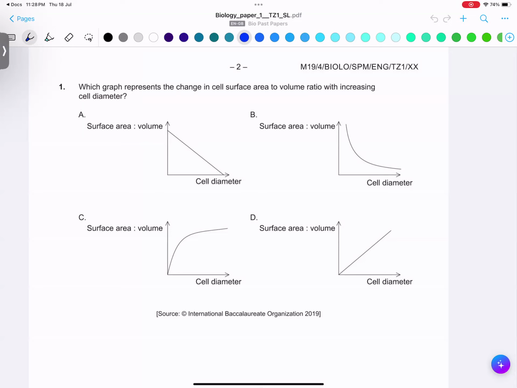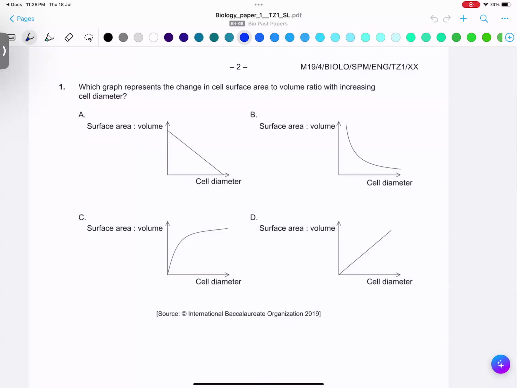So for the first question, which graph represents the change in cell surface area to volume ratio with increasing cell diameter? So we do have surface area on the y-axis and cell diameter on the x-axis. Now, we do know that as cell diameter increases, surface area decreases.